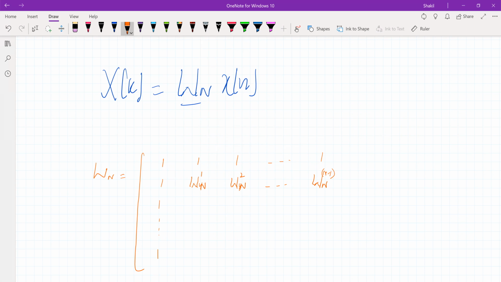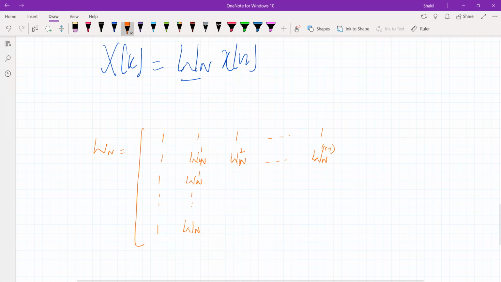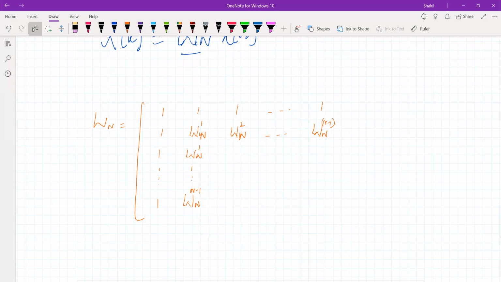This is this term. So this will again be W_N raised to the power 1, and so on up to W_N raised to the power N minus 1. All right. So this is W_N raised to the power 4, and so on. This will be W_N raised to the power 2 into N minus 1.